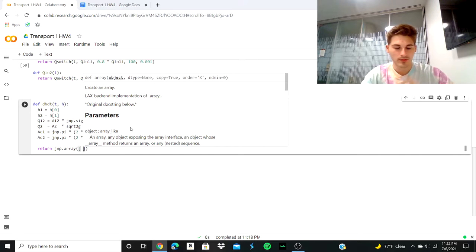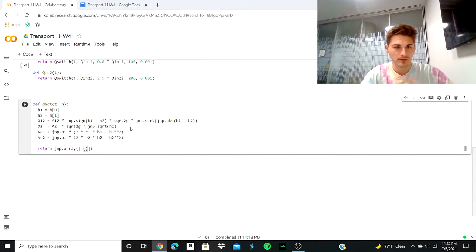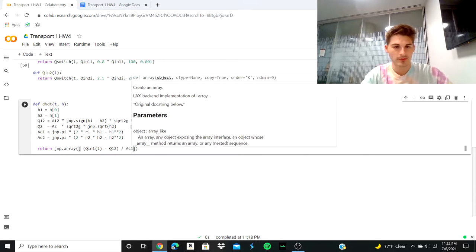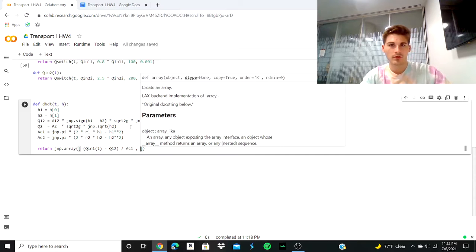And so the changing of the volume of the liquid in our first tank is going to be equal to the flow coming into the tank minus the flow leaving the tank into the second tank divided by the cross-sectional area of our first tank. And then this second column will be the changing of heights of the second tank's liquid with respect to time.